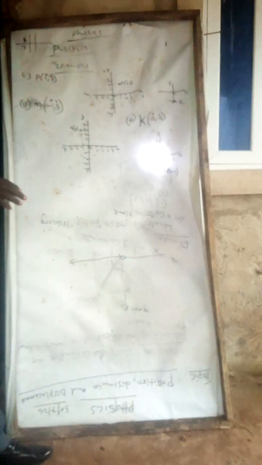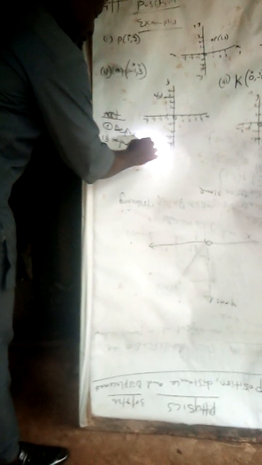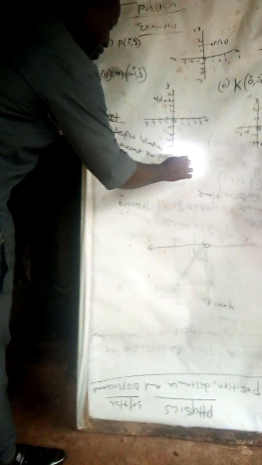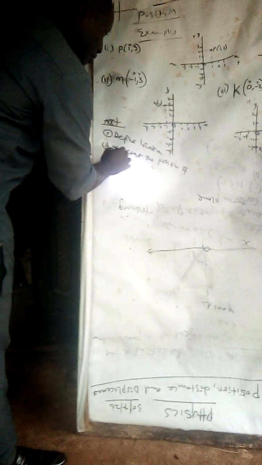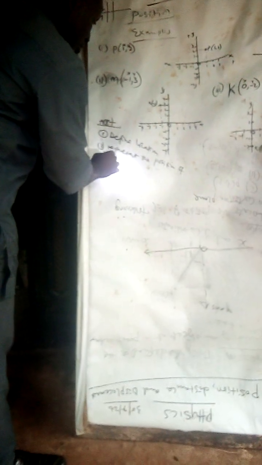Okay? So in the assignment, I want you to, one, define location, and two, represent the positions of the following on the Cartesian plane.